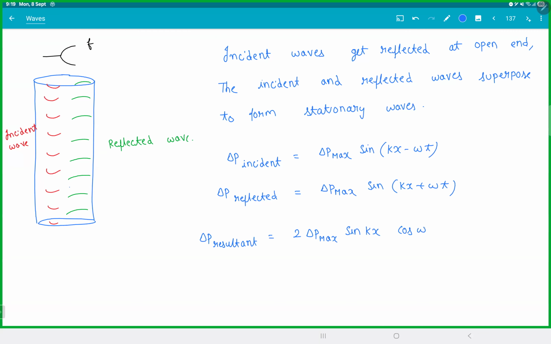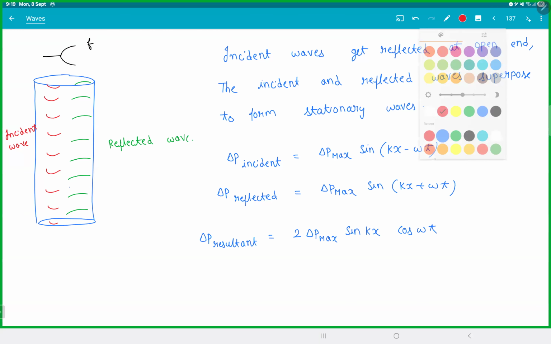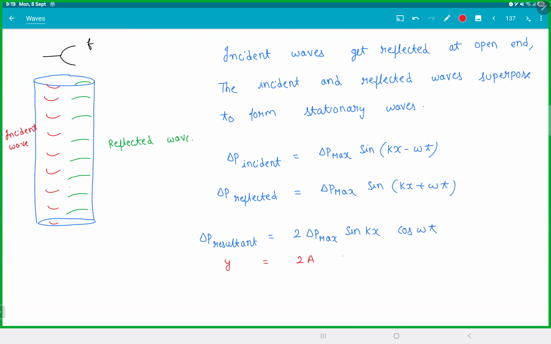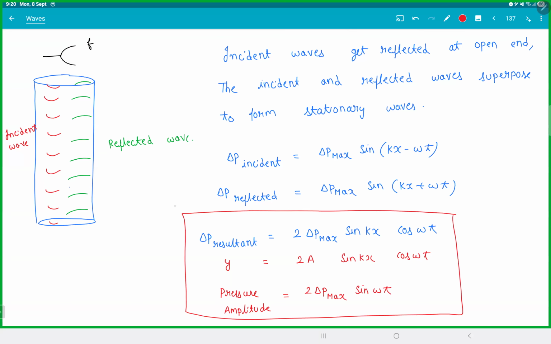I hope you can see the resemblance. They look exactly the same. And the amplitude is given by, again, we'll call this thing pressure amplitude. This is what I said. Mathematically, you can't tell the difference.